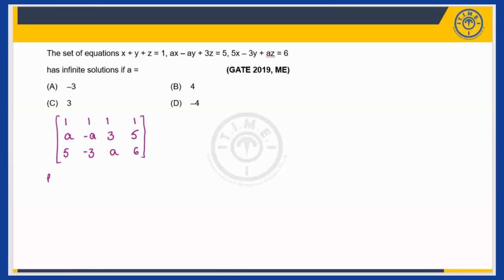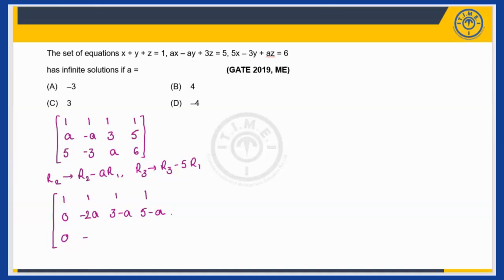So what are the operations? To R2, applying R2 minus A R1, and to R3, applying R3 minus 5 R1. Then that is 1, 1, 1, 1, 0, minus A, minus A, minus 2A, 3 minus A, 5 minus A, 0, minus 3, minus 5, minus 8, and A minus 5, and 6 minus 5, which is 1.